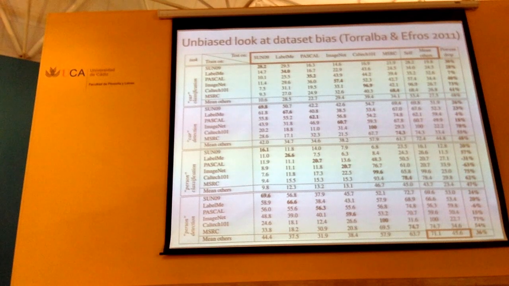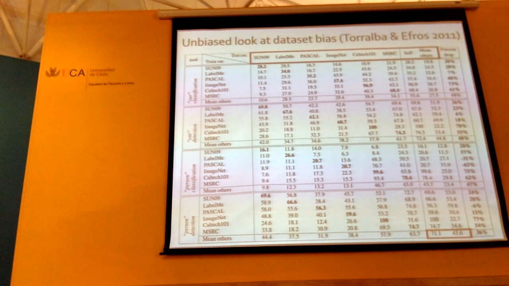And this suspicion has also been quantitatively investigated in 2011 by Tony Tuiva and Yosha Efros, where they determined the drop of performance of vision algorithms that have been trained on one data set and then applied to one of the other data sets that are available.